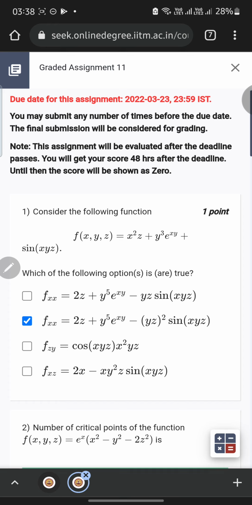For the next option, first of all, take the derivative with respect to x. Again that would be 2xz plus y raised to power 4 e raised to power xy plus yz cos xyz.